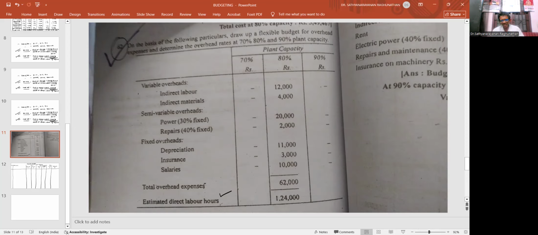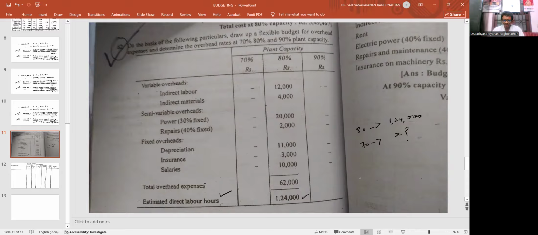For 80% they have given us 1,24,000, and then for 70% we have to fix it, and for 90% we have to fix it. Now here itself I am going to do the working. All of you keep the calculators readily in your hand. For 80% capacity, 1,24,000. For 70% capacity, how much?